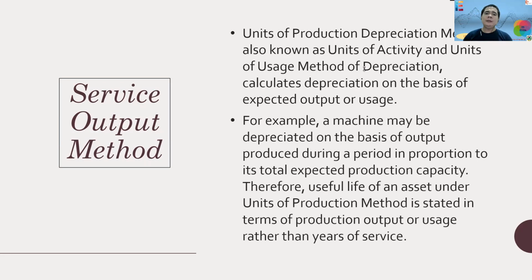For example, a machine may be depreciated on the basis of output produced during a period in proportion to its expected production capacity. Therefore, the useful life of an asset under the units of production method is stated in terms of production output or usage rather than years of service.